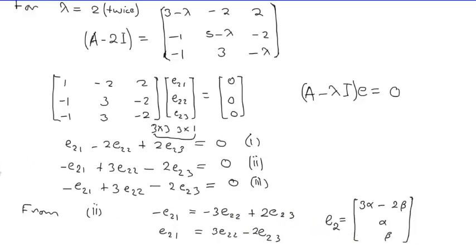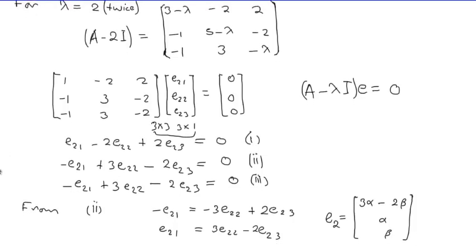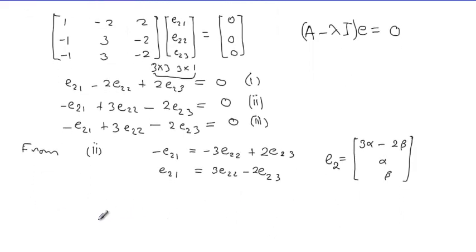Now, where does this take us? As you can see, this vector E2 can be written in a suggestive way as 3 alpha minus 2 beta, alpha plus 0 beta, 0 alpha plus beta.